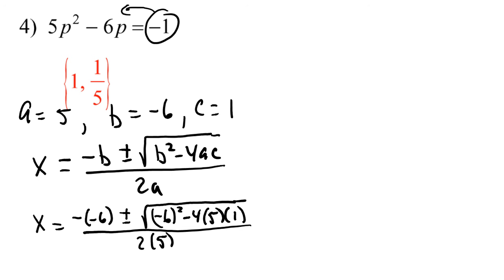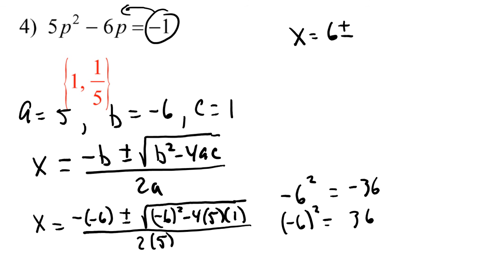So from this point, the next step is to simplify everything. Negative times -6 is 6 plus or minus, and then what I like to do is figure out what's going to be under the square root. Realize this is (-6) squared, so that's -6 times -6, and you want to be careful, because if you input it into the calculator as -6 squared, your calculator is going to make this -36, but really it's actually +36.